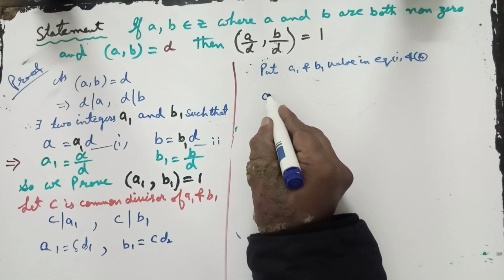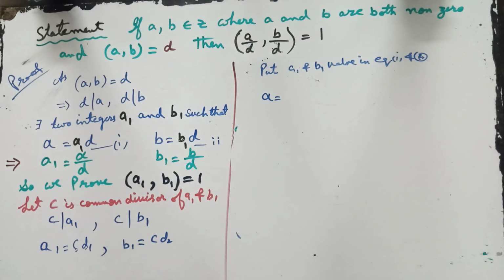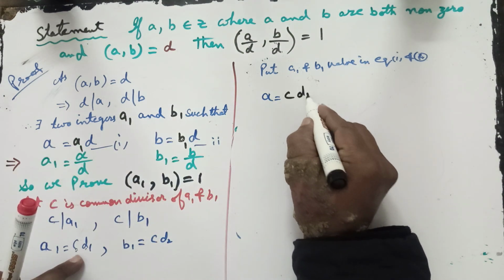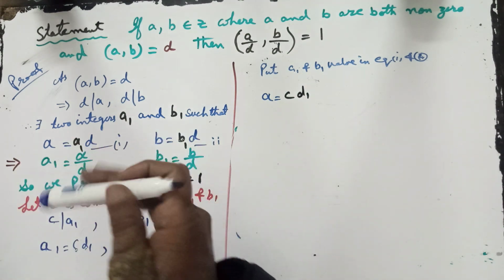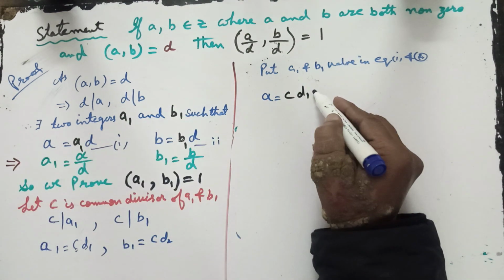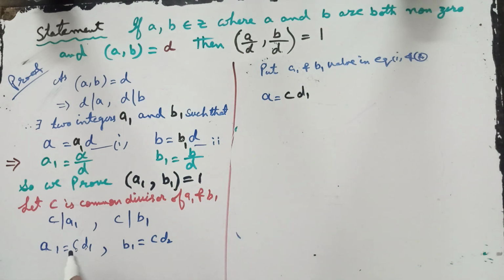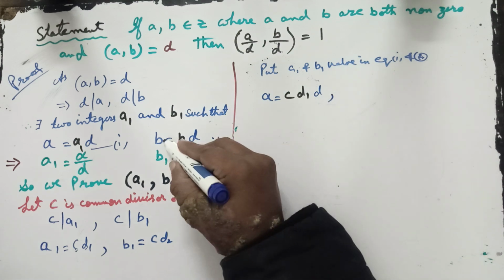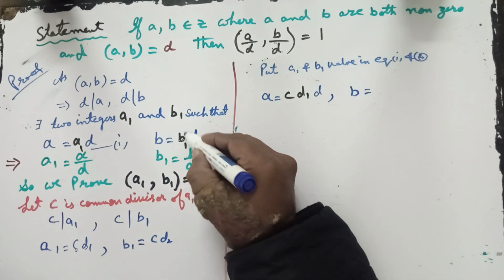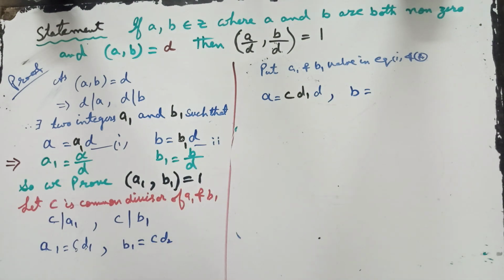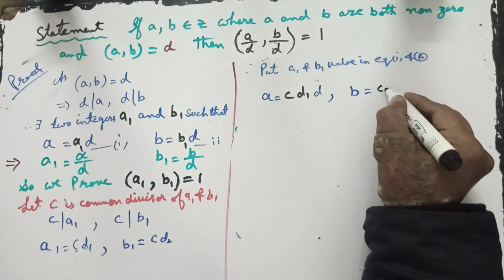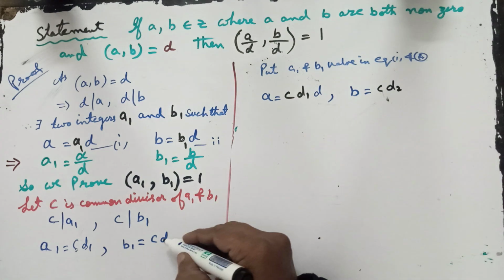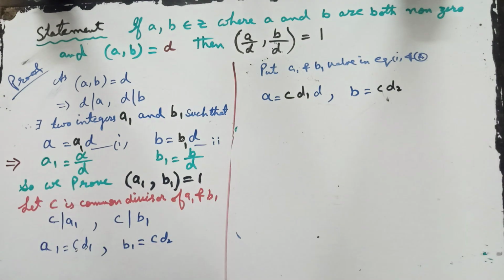So a is equal to a1 d, and I replace a1 with c d1 in this equation. Therefore b becomes, I replace b1 with its value, c d2, and then this d I write here.